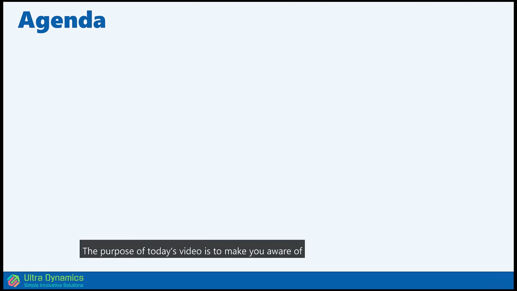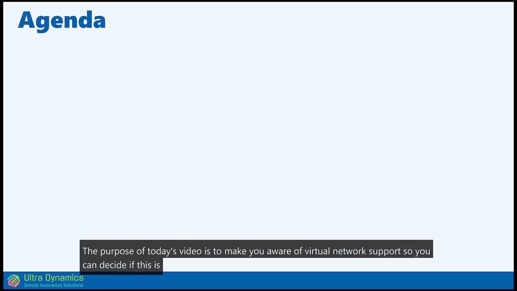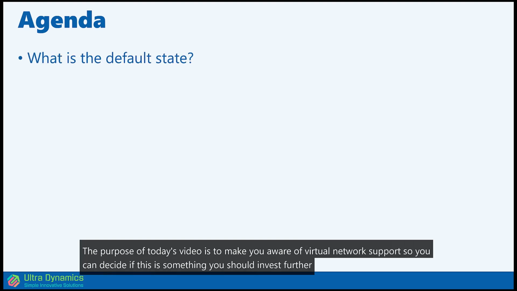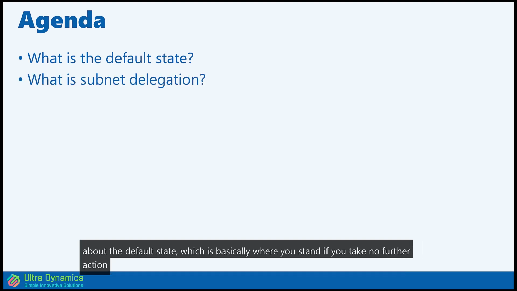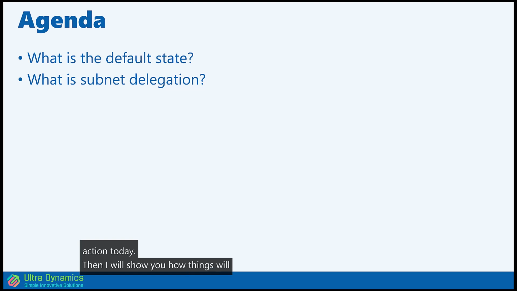The purpose of today's video is to make you aware of virtual network support so you can decide if this is something you should invest further effort in. I will start to talk about the default state, which is basically where you stand if you take no further action today. Then I will show you how things will look if you configure virtual network support.